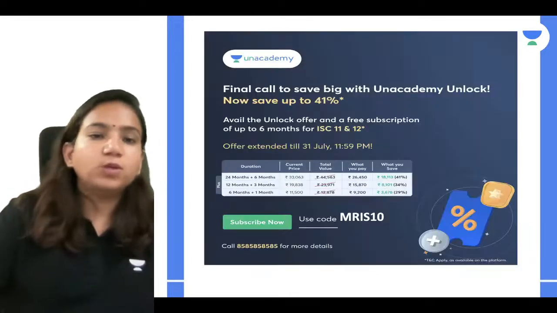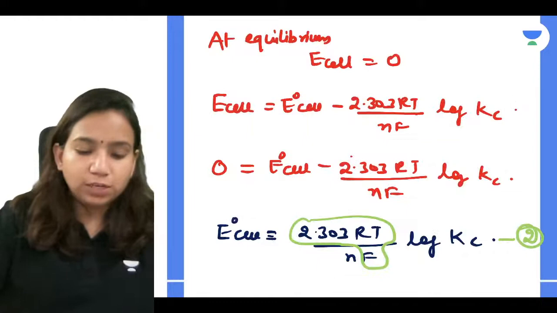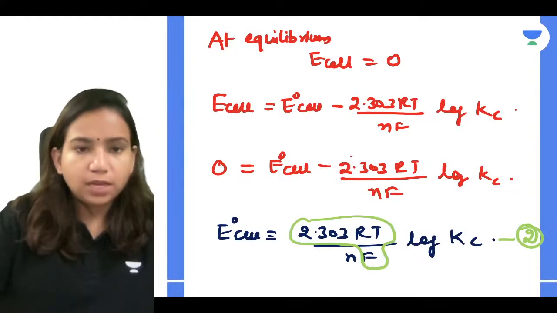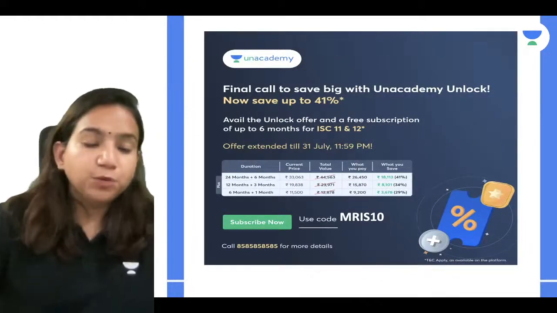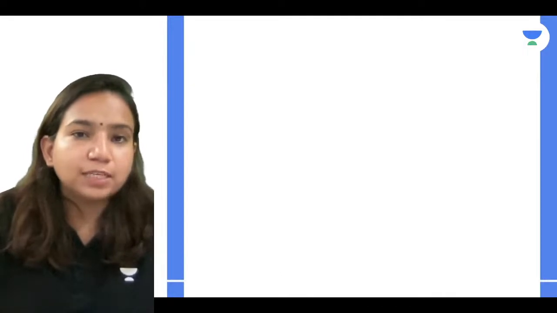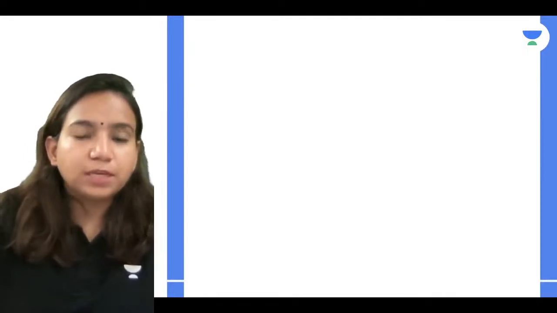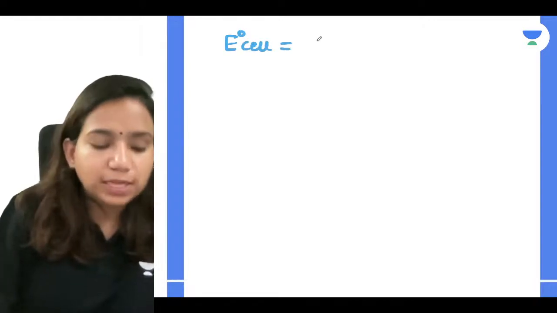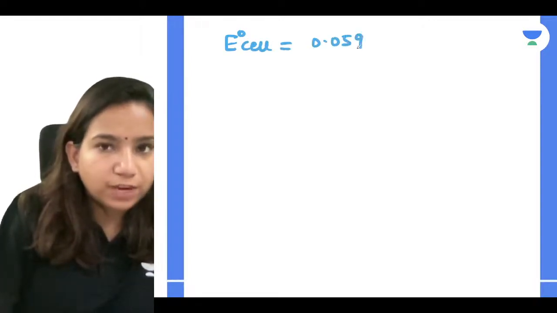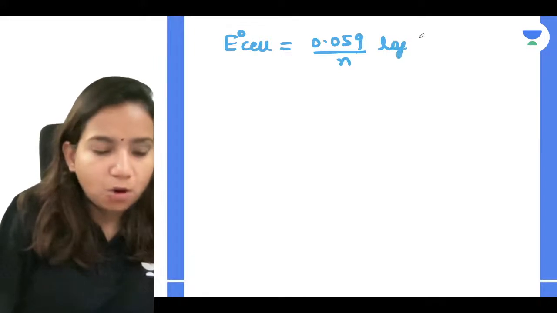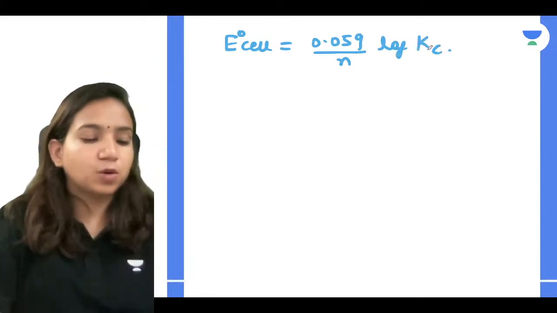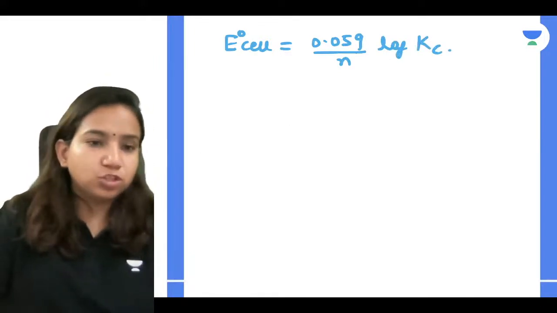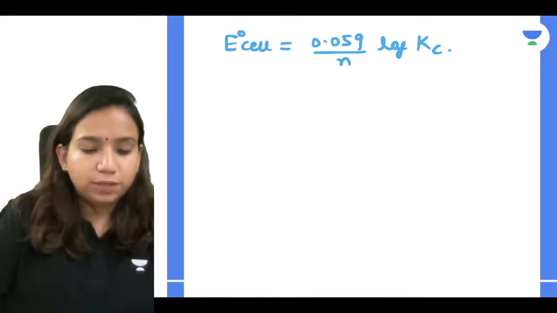Okay, and what we can relate is E naught cell is equal to, yes, but before that, let me quickly tell you that E naught cell will be equal to 0.059 divided by N log Kc. Now can I get the value of log Kc?